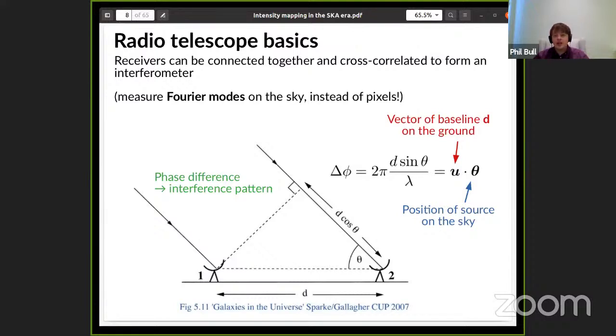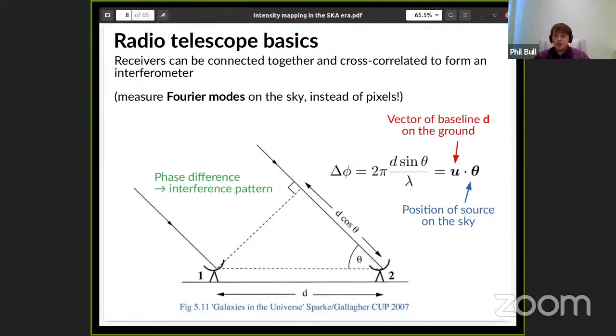This is something you've seen if you've ever done any interferometry experiments, like a Michelson interferometer. You combine two signals together in such a way that you get constructive and destructive interference, and you can measure the size and brightness of those interference fringes, and they tell you something about whatever you're looking at and the time delay in the light paths between, for example, different arms of an interferometer.